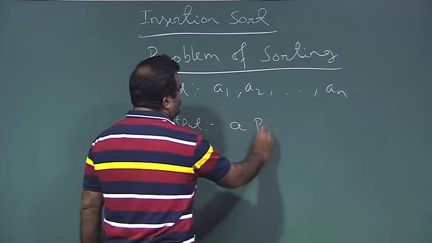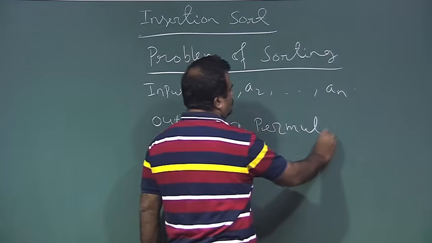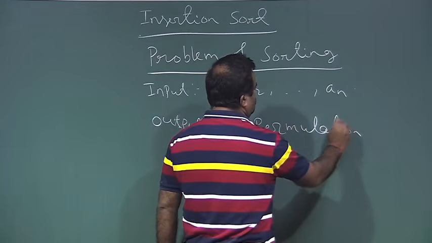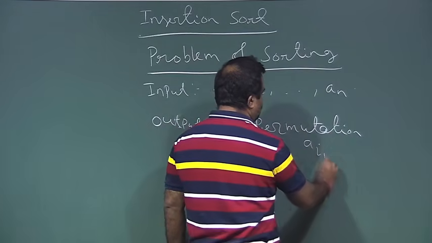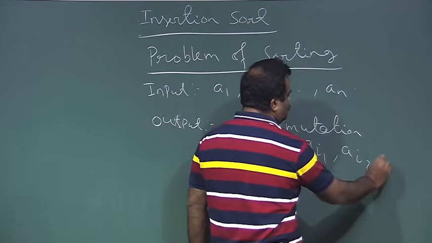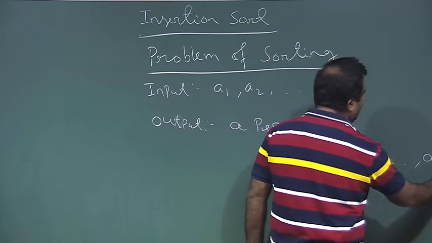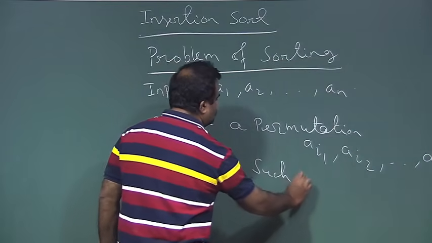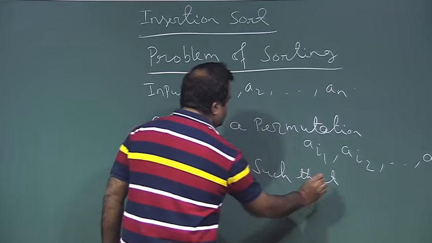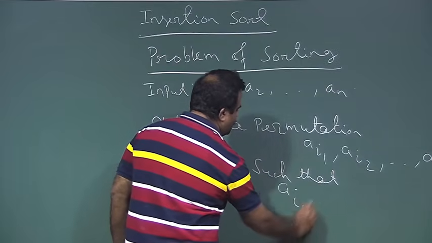then the output will be a permutation of these numbers, ai1, ai2, up to ain, such that it is sorted.